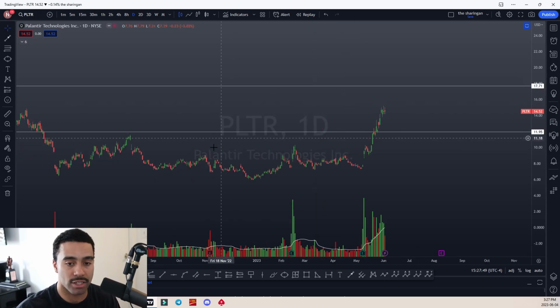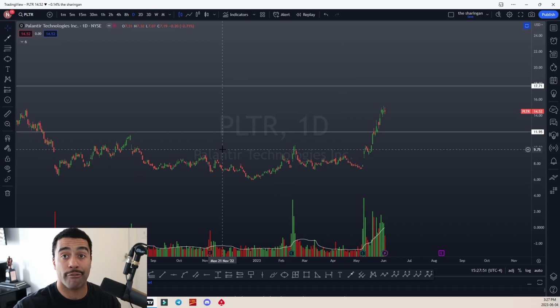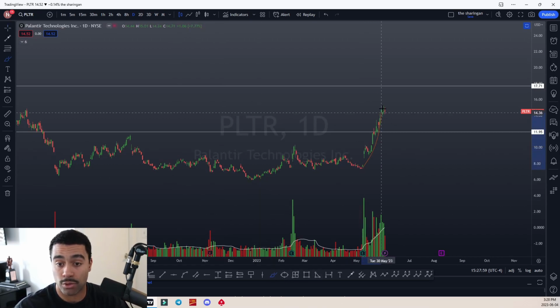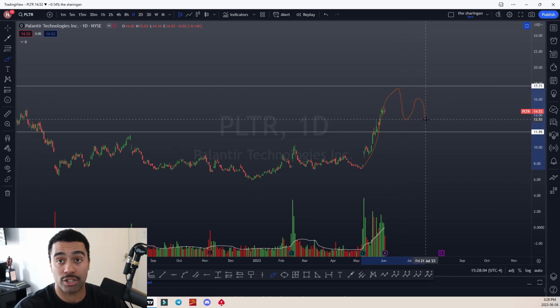Say you missed these lows. Now more than ever is when you need to start paying attention to PLTR, especially if you like the name. What we could anticipate is this move to the upside, and now we create a pattern, maybe a triangle, maybe an ascending triangle, where we develop a base again before we get that push to the upside.